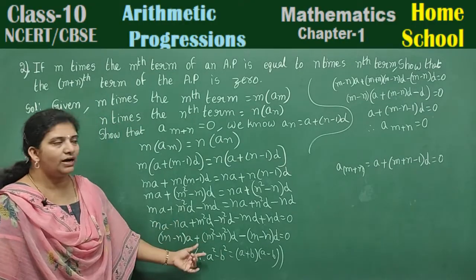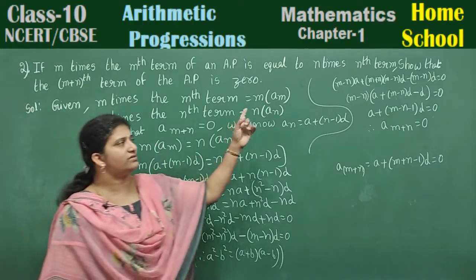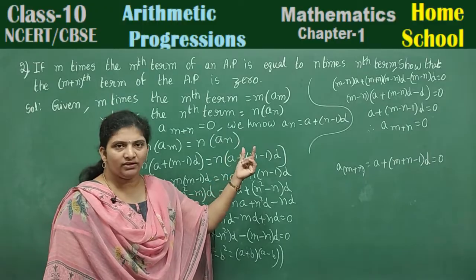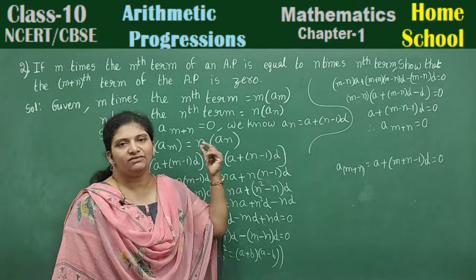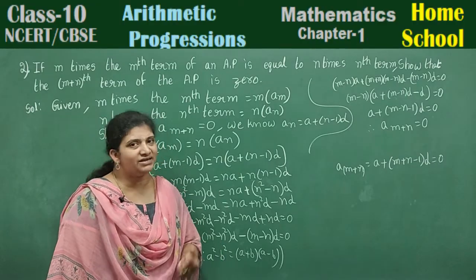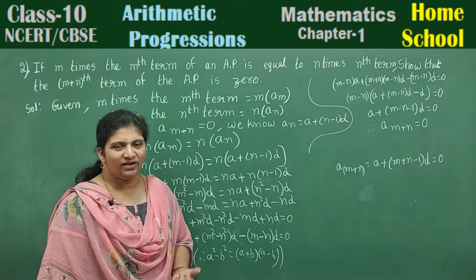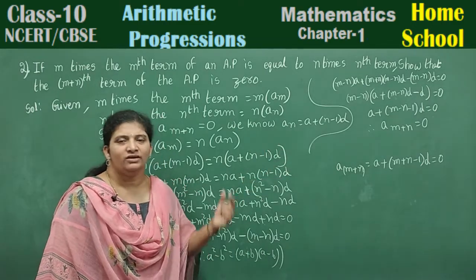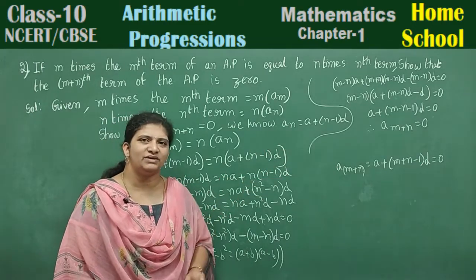Now after applying the identity, you can see in the three terms m minus n is common. Take out common, send the other side, it will become 0. Then you are left with a plus (m plus n minus 1) into d is equal to 0. That is nothing but a(m plus n) is equal to 0. Therefore, the (m plus n)th term is 0.